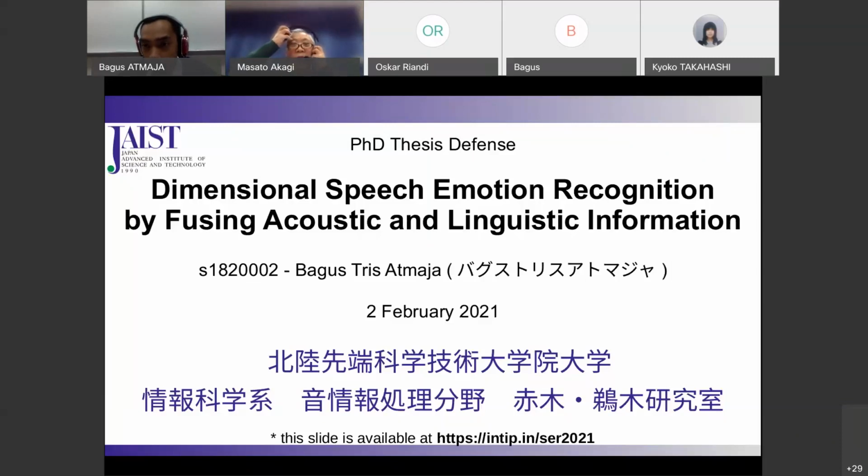Okay, if there are no questions from the audience, from the floor, we are moving on to the next, which is the final defense and the final examination. No questions? Okay, so that is the closed session.